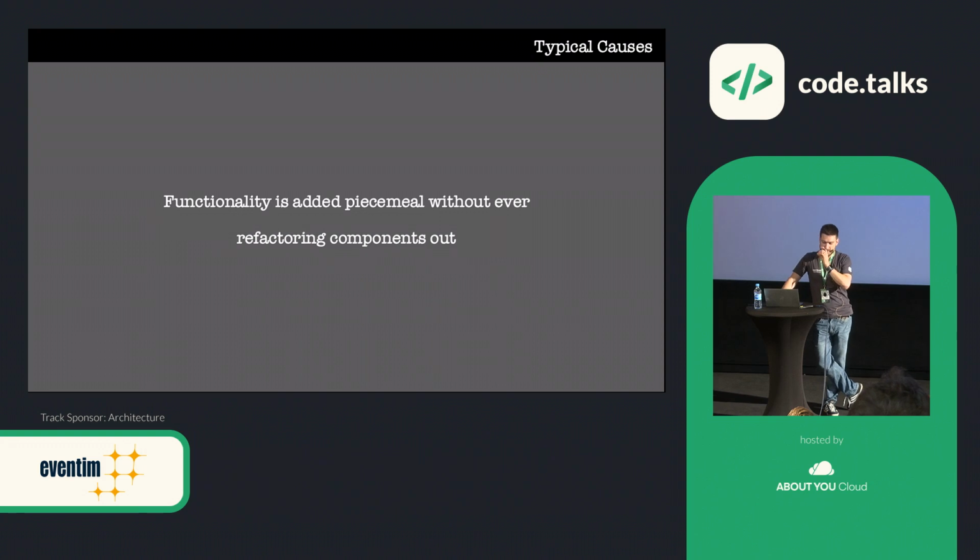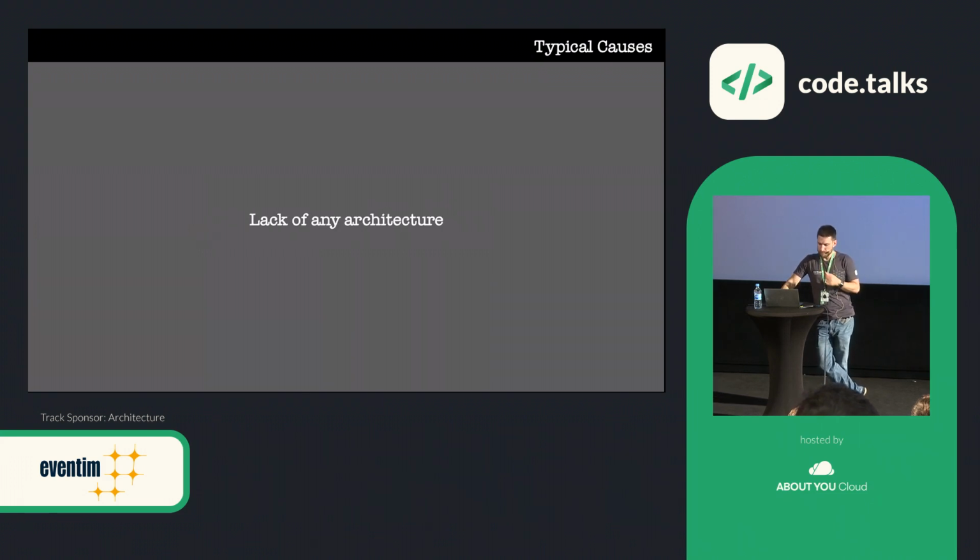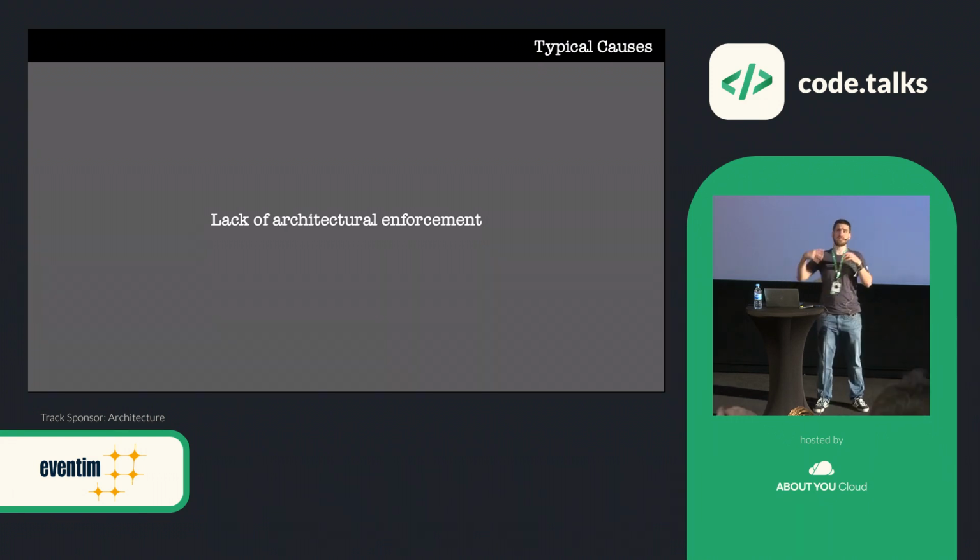So causes of that tend to be things like functionality is added piece by piece, and nobody ever thinks about refactoring stuff out of it. Usually people are too afraid to by that point as well. A lack of object-oriented architecture in the system. Lack of any kind of architecture, actually. And then no architecture enforcement. So god classes come because people don't understand architecture.